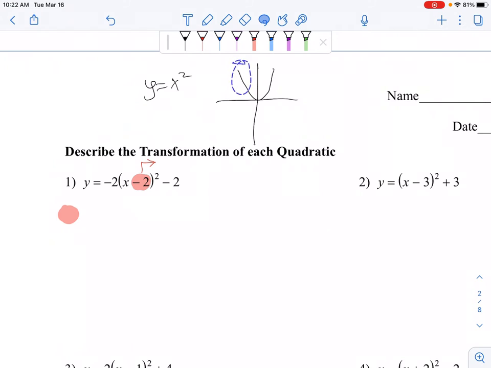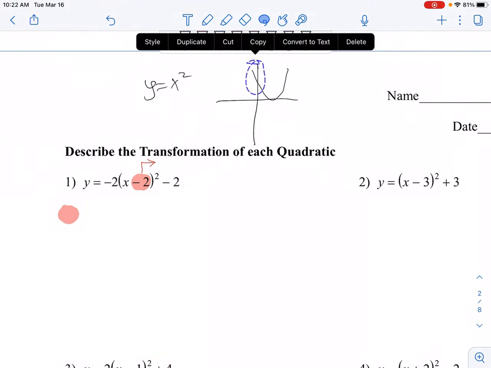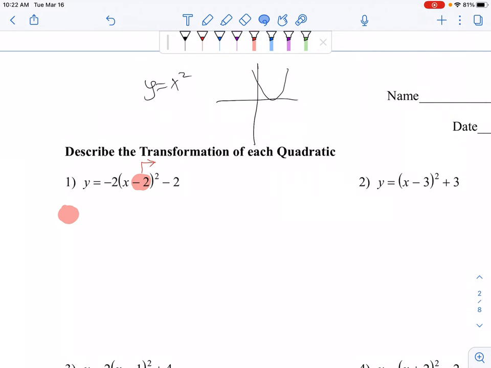Here's our original, and that negative 2 is telling us this actually shifts right 2. So that's the first transformation.